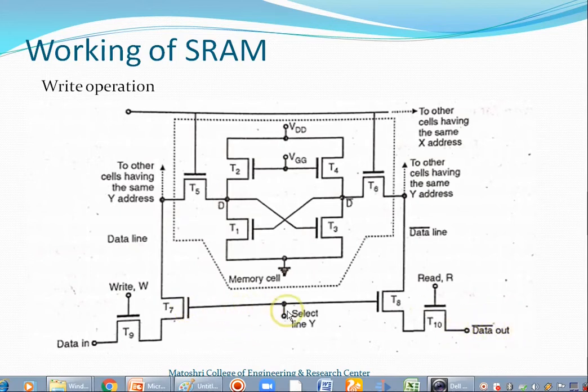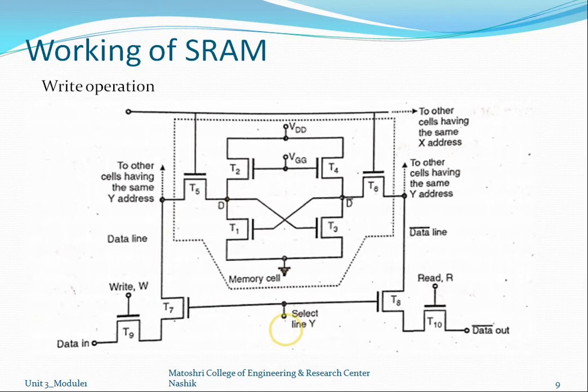It also has two select lines, select line Y and select line X. T2 and T4 behave as load resistances for the T1 and T3 transistors, whereas the X and Y select lines are used for addressing the cell.